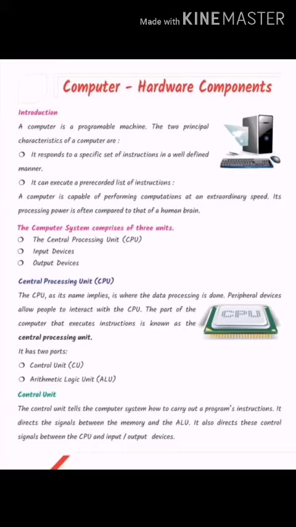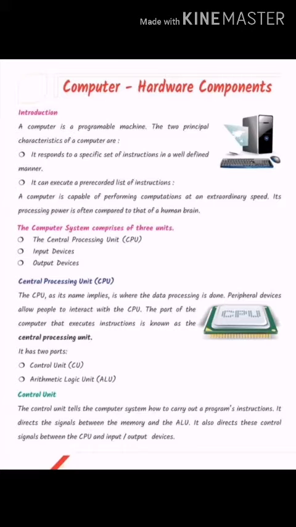We know that computer is an electronic machine which accepts some information or instructions, then processes it and gives out the desired output. The instructions which are being given should be in a well defined manner.